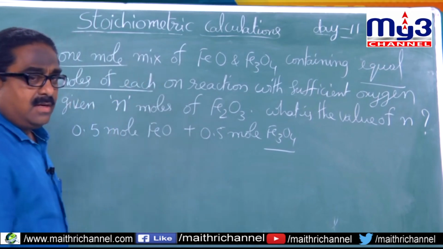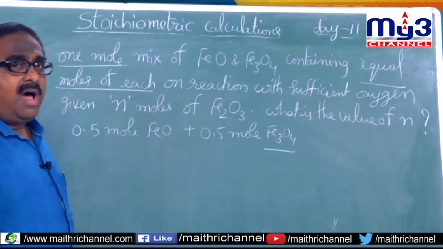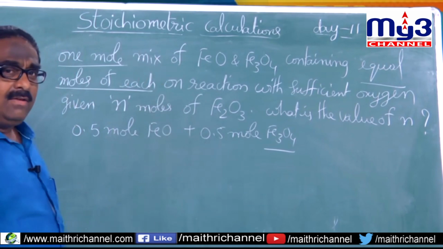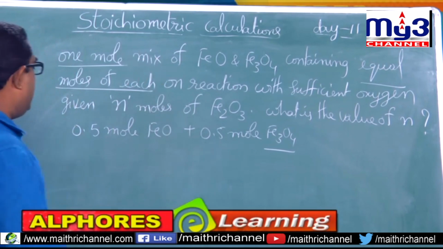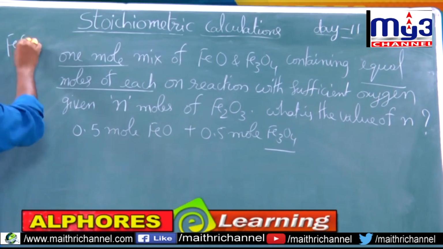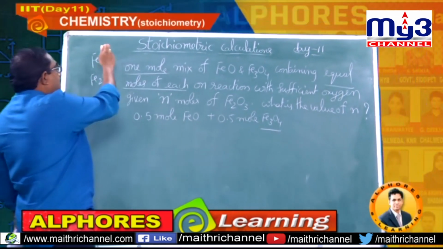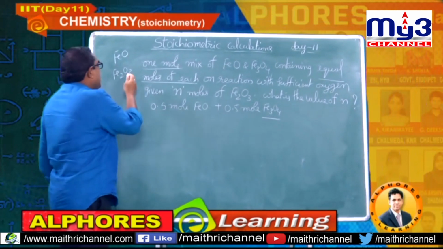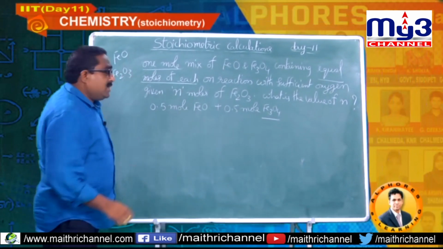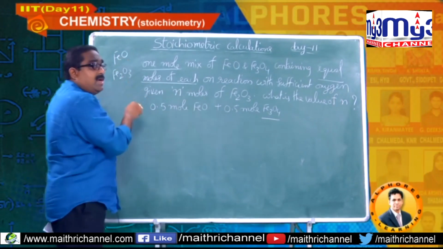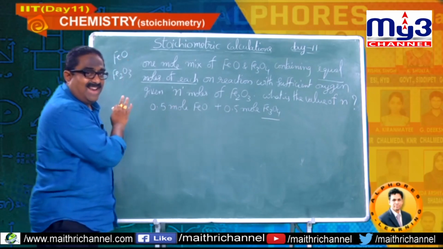And this is a mixed oxide. Iron has 2 types of oxide: ferrous oxide and ferric oxide. Ferrous oxide has less oxygen, ferric oxide has more oxygen. We can also define them based on oxidation state, but as of now I have taught like that.